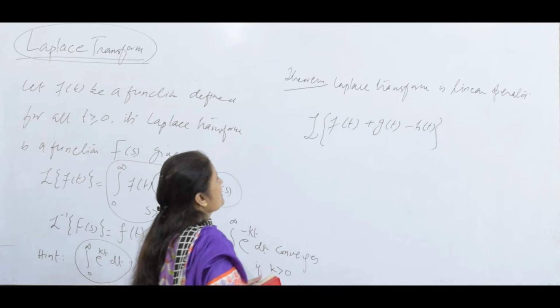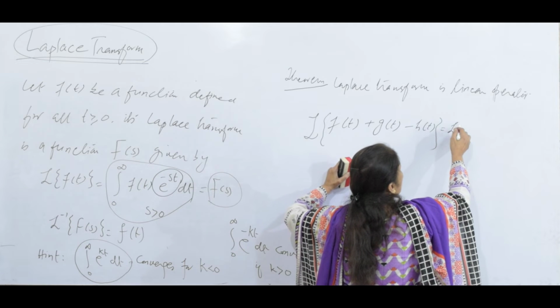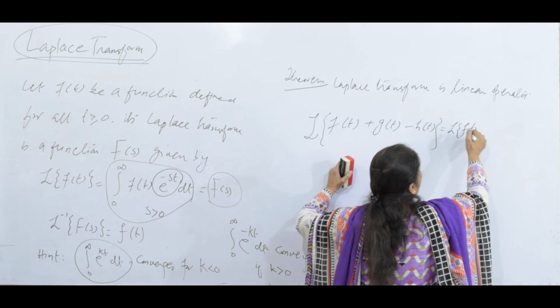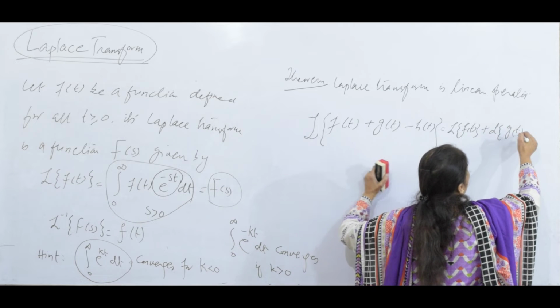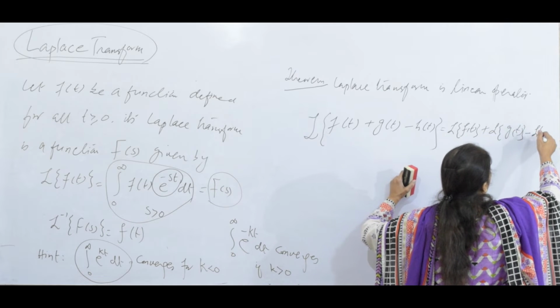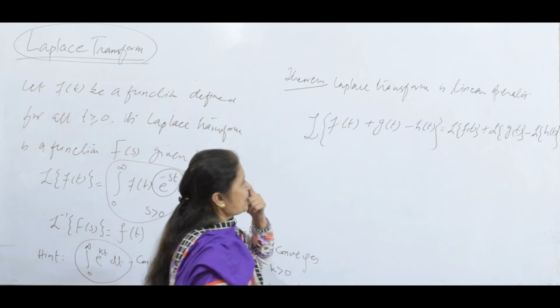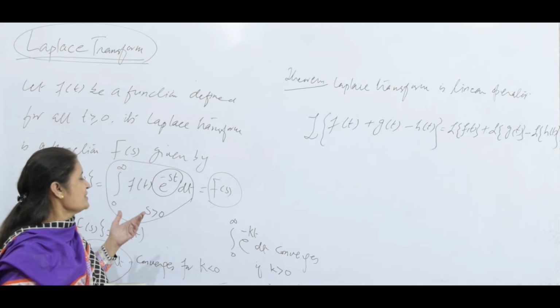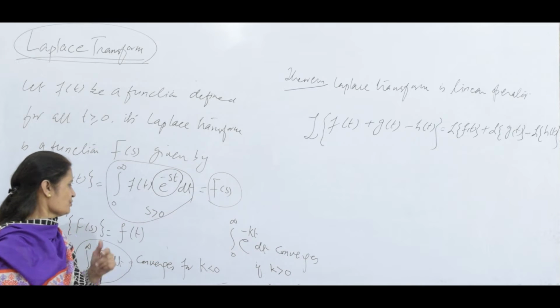Linear means you take the Laplace transform of the first function, then the Laplace transform of the second function, then the Laplace transform of the third function. So Laplace transform is linear, like differentiation is linear, like integration is linear.